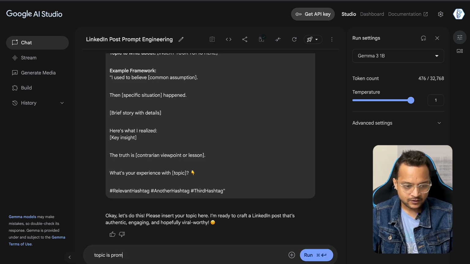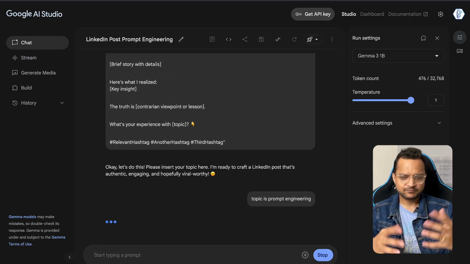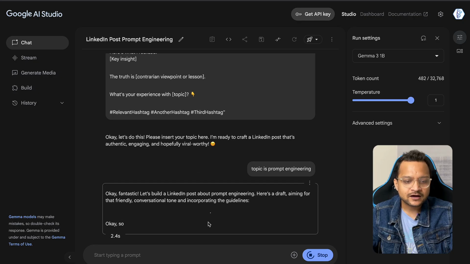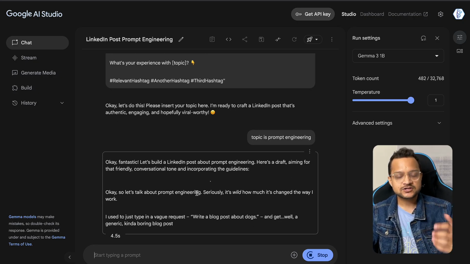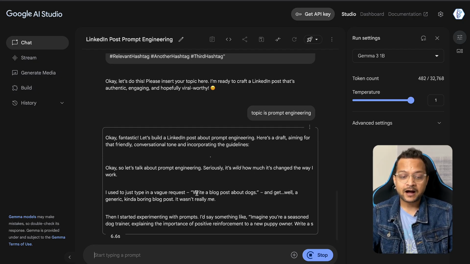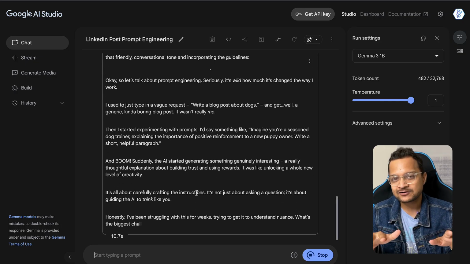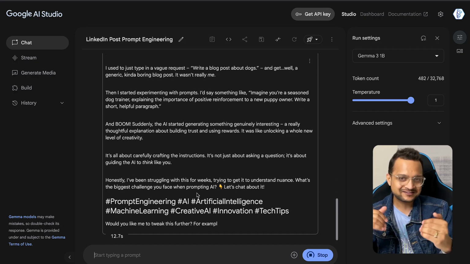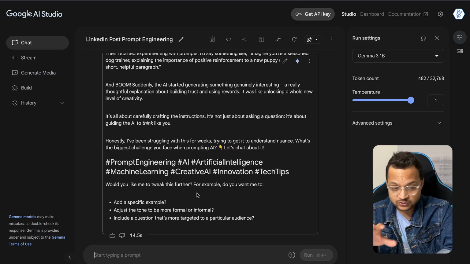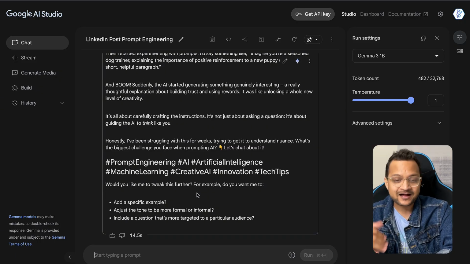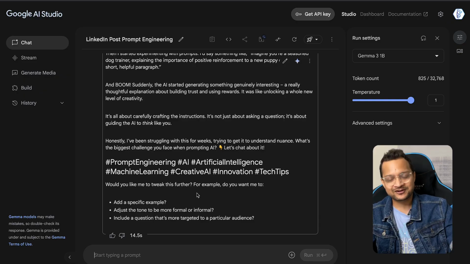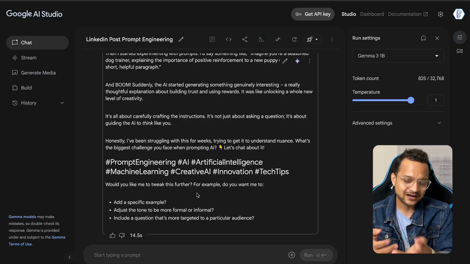Topic is prompt engineering. Okay, maybe I missed that, but this is how automatic prompt engineering works. That's an amazing way of prompting, and that's why I told you to stick till the last, because this technique I use every day. I ask every model to first generate a prompt and then I use that prompt.